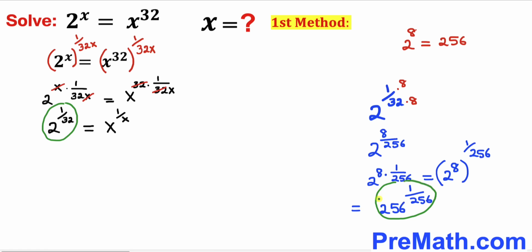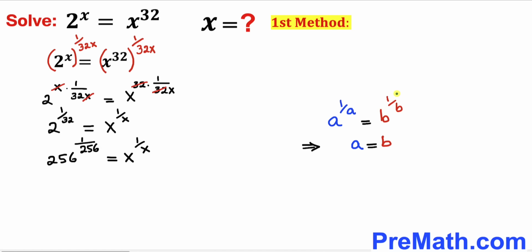I am going to substitute that value over here. So the left hand side is going to become 256^(1/256), which is equal to x^(1/x). And now let's recall this rule: if we have a^(1/a) equals b^(1/b), then we can write a equals b.